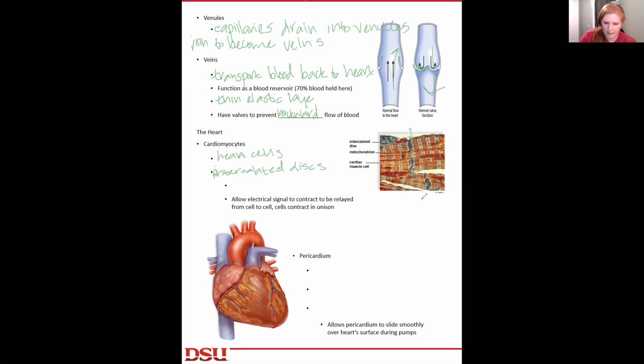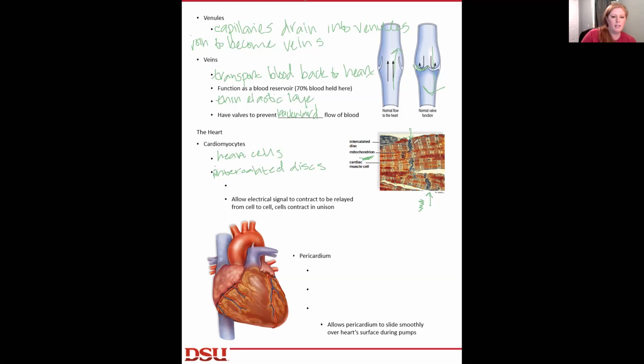They kind of look like stitches holding these different parts of the cardiac tissue together. This is cool because it's also pointing out all the mitochondria that are present. Makes sense, we need a lot. And then also pointing out the cardiac muscle cell.